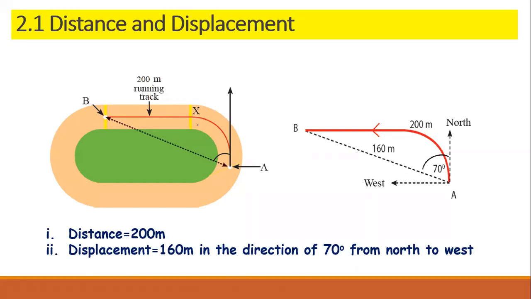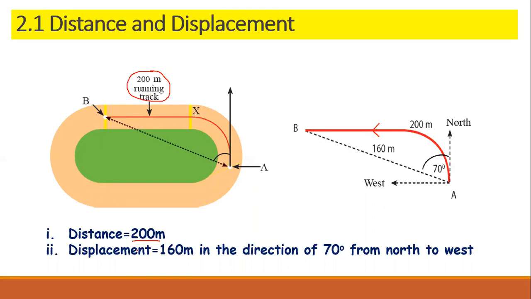But here it is a 200-meter running track, and it is not a straight line. It has a circular shape like this. So when we consider the distance here, it is 200 meters. That is the length of the running track.